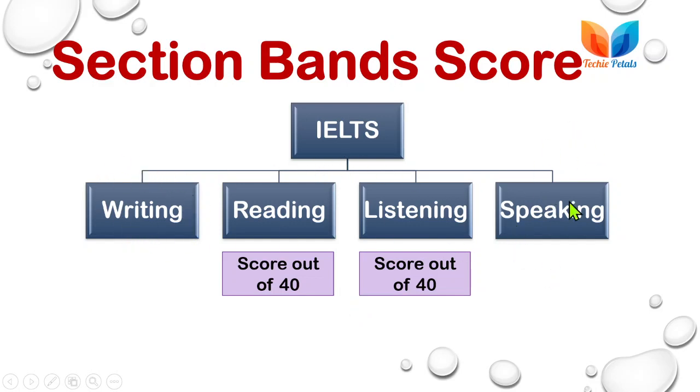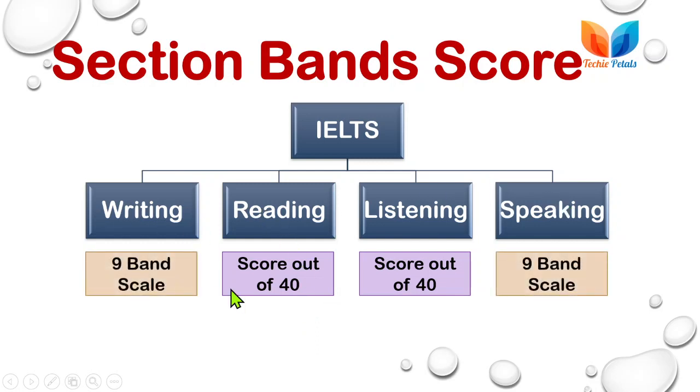For writing and speaking, you are not going to get marks out of 40. You are going to get a 9 band scale, meaning your band on a scale from 1 to 9. For writing and speaking, you are directly interacting with or judged by the examiner.